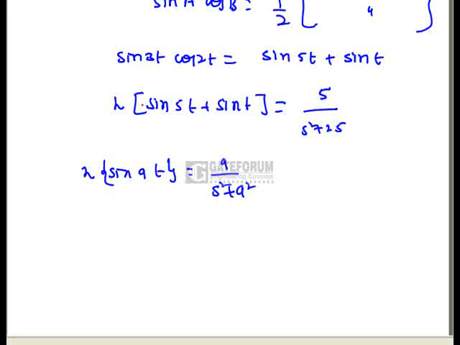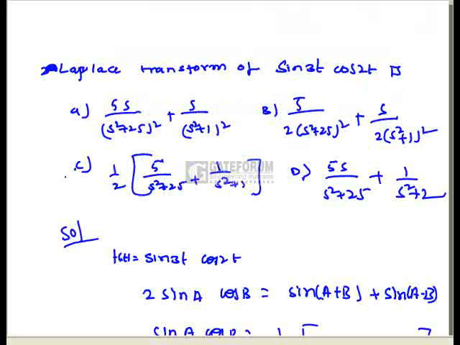Here 1 by 2 times is there, so 1 by 2 times 5 by s square plus 25 plus, now the Laplace transform of sine t is 1 by s square plus 1. So the answer will be 1 by 2 times 5 by s square plus 25 plus 1 by s square plus 1. If you go through the options, it is option C. Option C will be the correct answer for this problem.